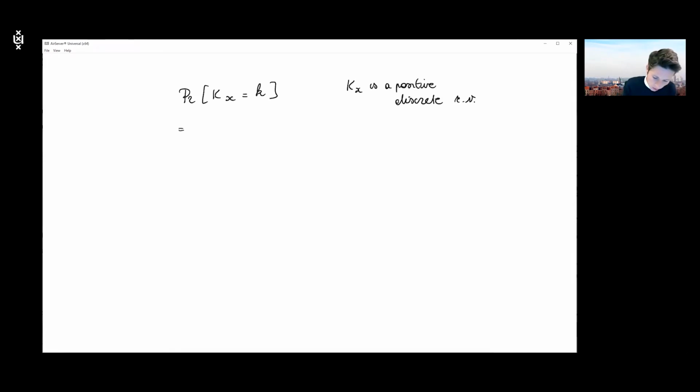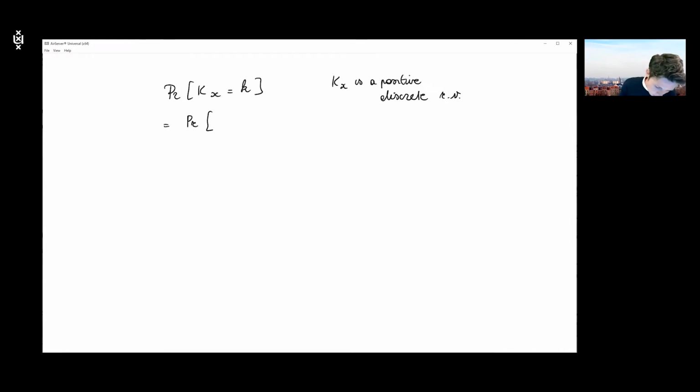Now, if Kx takes the value k, then that means, because of the definition of the floor function, that my corresponding Tx will take a value between k and k plus 1. Because if I draw my timeline, I'm looking at an individual who is x years old at time 0.